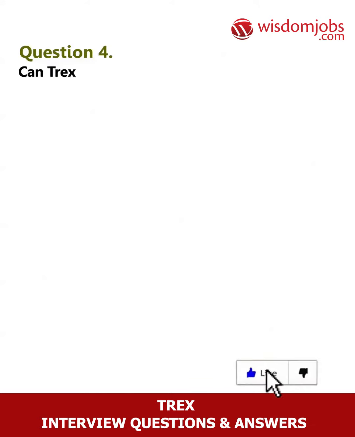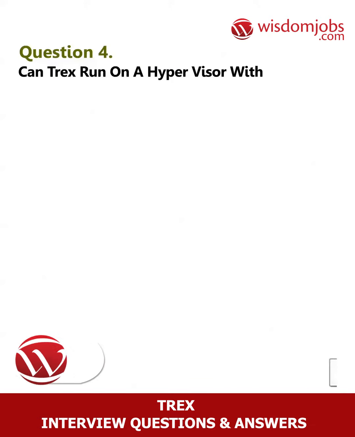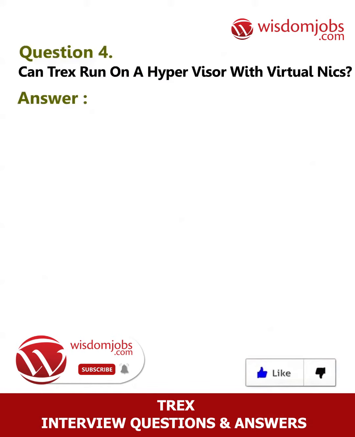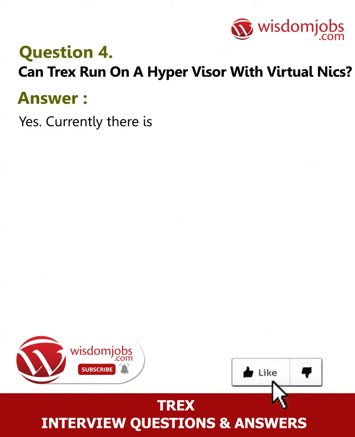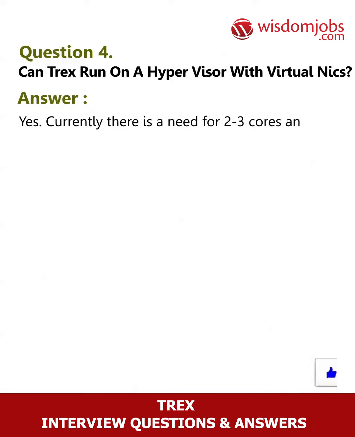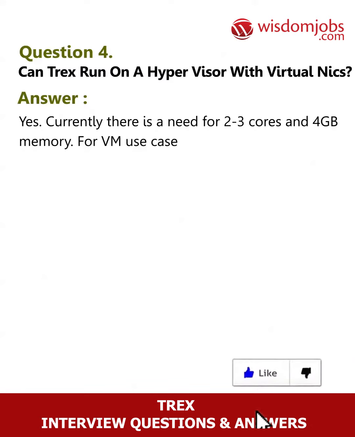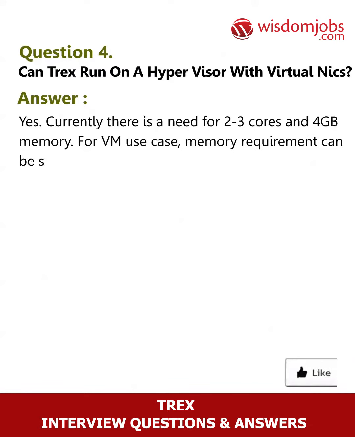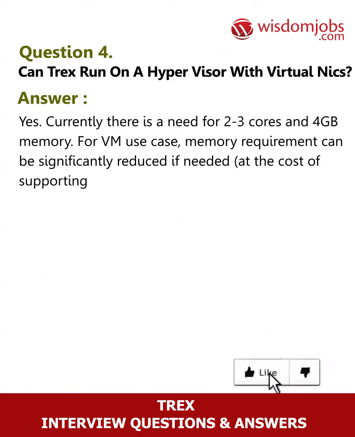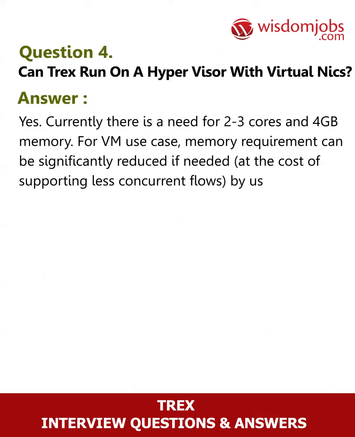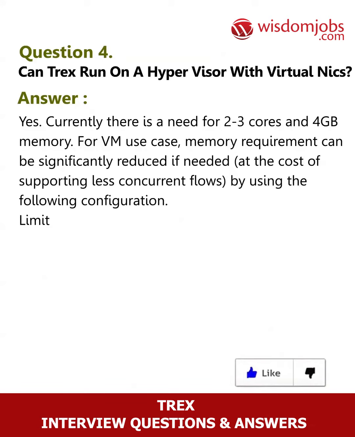Question 4. Can TRex run on a hypervisor with virtual NICs? Answer. Yes. Currently there is a need for 2 to 3 cores and 4 GB memory. For VM use case, memory requirement can be significantly reduced if needed, at the cost of supporting fewer concurrent flows, by using the following configuration. Limitations.